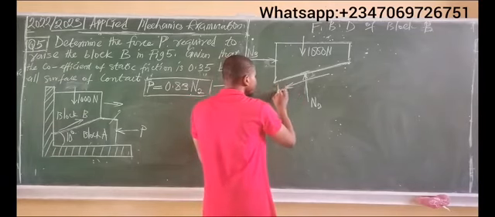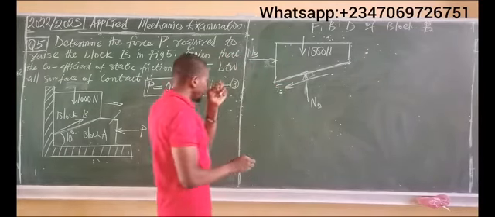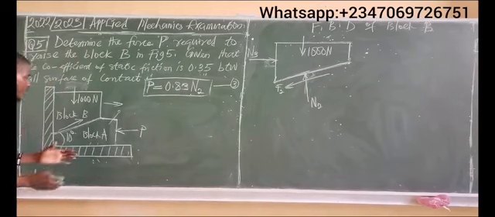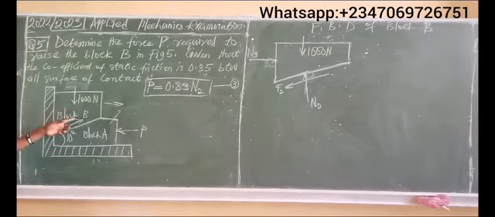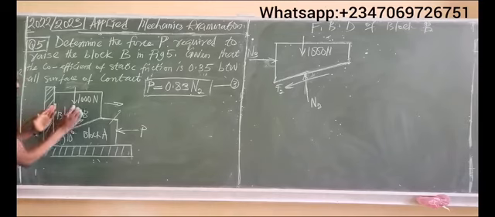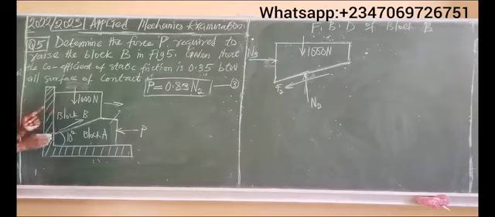So you have this to be what? It still remains F2, the same thing, because it's still the same contact surface between block A and block B. So it still remains F2, but now on block B, F2 is acting downwards. Similarly, on this portion, as this object is moving up the plane and since here is purely vertical and not inclined, the motion of this object on this side is moving where?